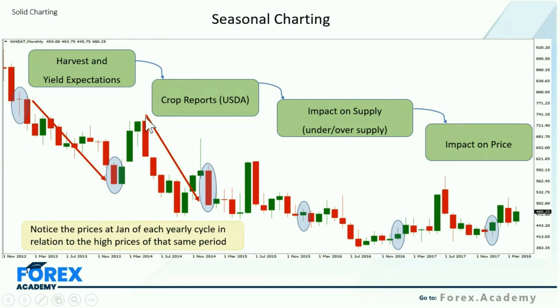So the high of this period, if we take supply and demand into account and the way that can impact price, we can see that again, the price that we're experiencing the following January is at a lower price. And as you can see, in each year, that same pattern exists. So what we're simply saying is that prices move from a high price to a low price, and that low price is normally in and around January in this particular example.